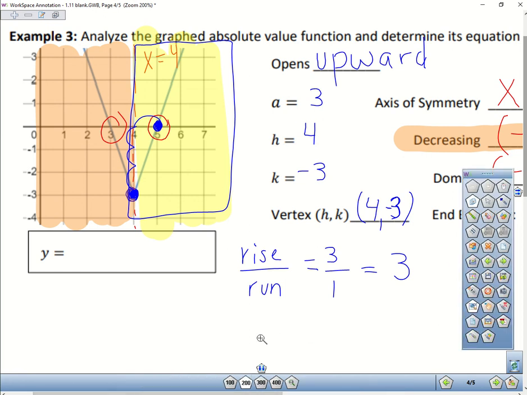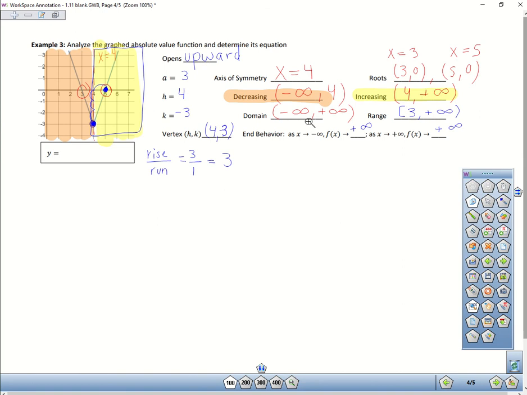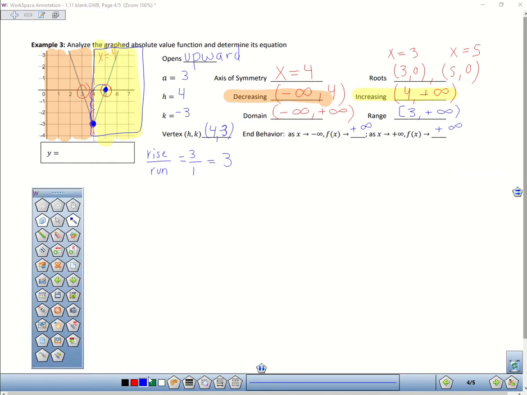Now I'm going to show you how to do it using algebra, okay? Because there are times when your graph is going to look too complicated for you to do this, so I want to make sure you have all the tools possible for you to be able to solve this. So, this is a little bit more tedious, but it's not too bad. So what you're going to do is you're going to take the standard form of the absolute value function, okay?